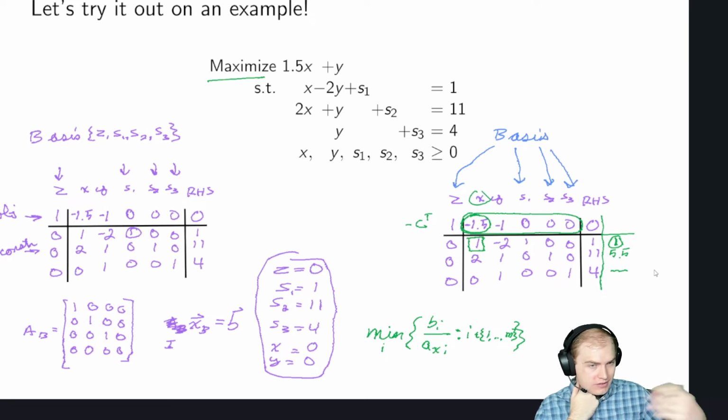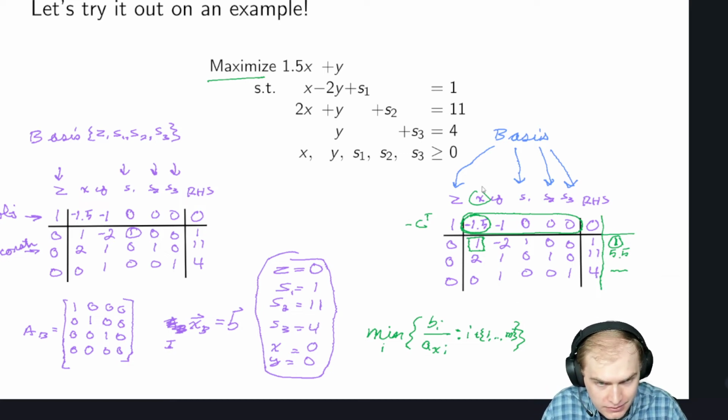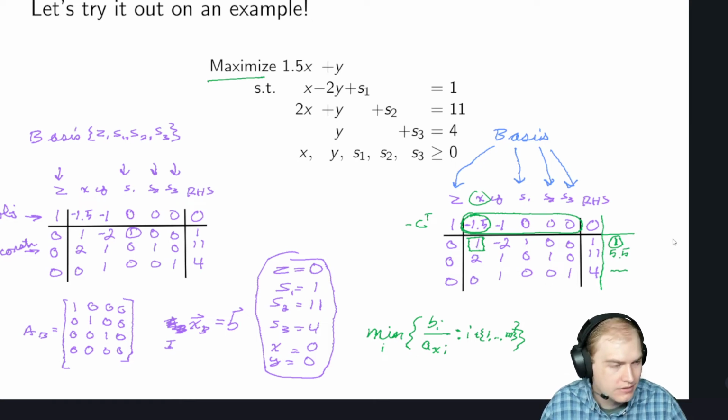We did the same process yesterday, but it was surrounded by some more algebra and nonsense. So all you need to know for the Tableau is just divide. Once you've picked x, divide each entry of the B column with the corresponding entry of the x column, and then pick the smallest of those entries.